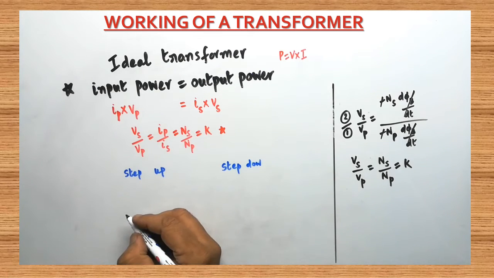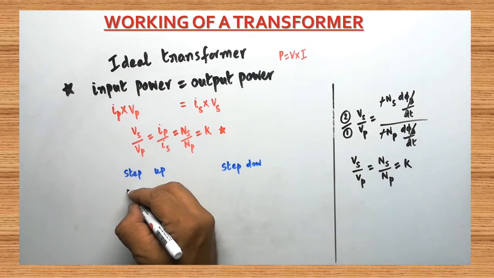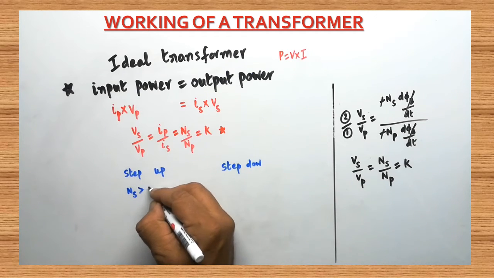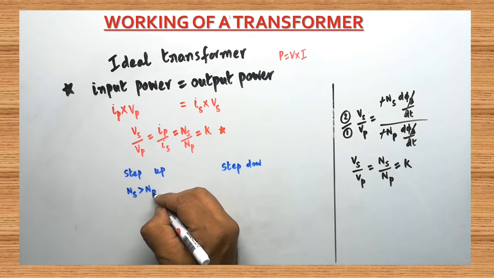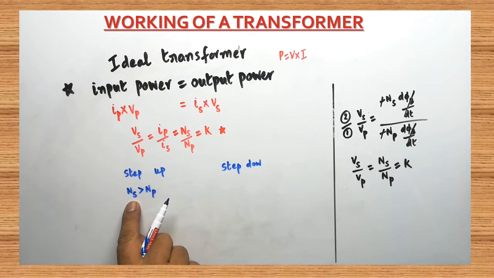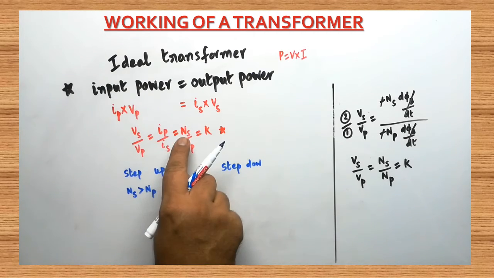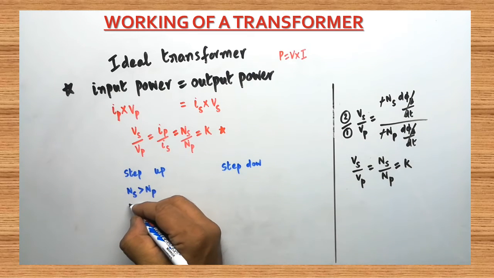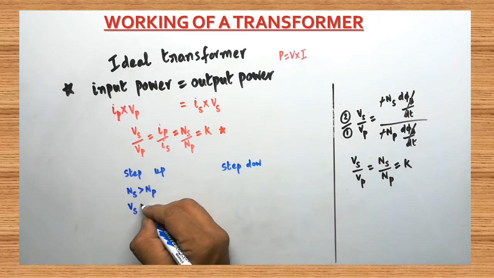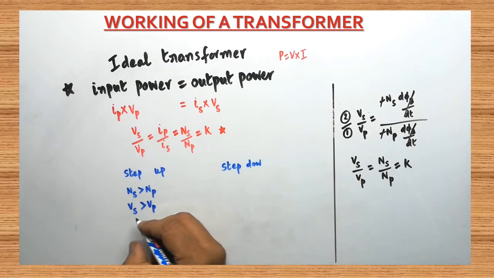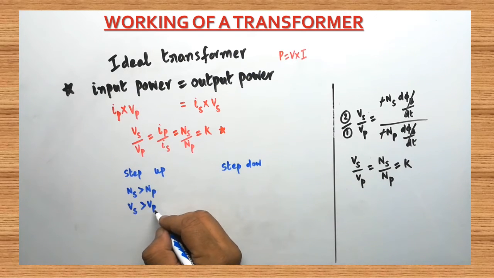Are you clear? In the case of a step up transformer, the number of turns in the secondary is greater than the number of turns in the primary. Note down. The number of turns in the secondary is greater than the number of turns in the primary. Are you clear? So definitely from this equation, we can say that the voltage across the secondary will be greater than the voltage across the primary.